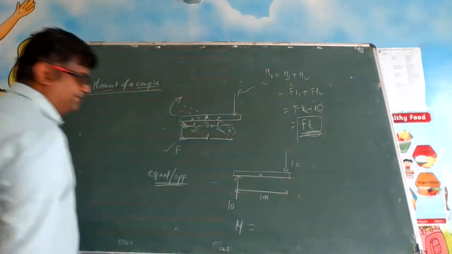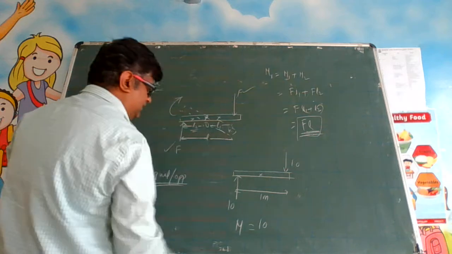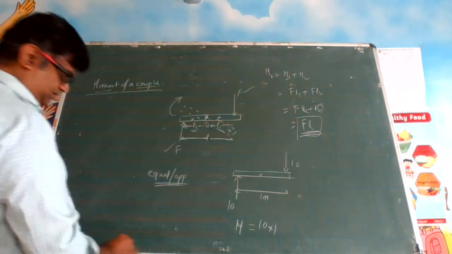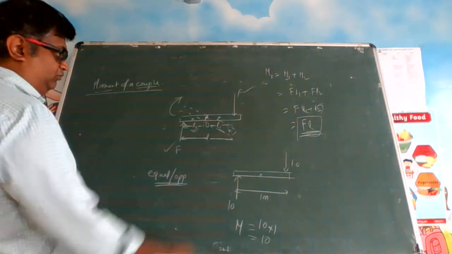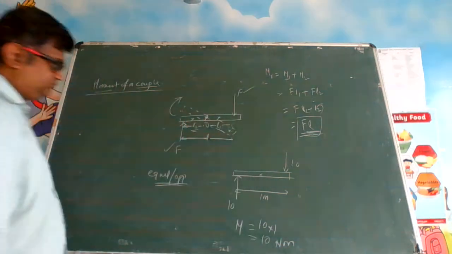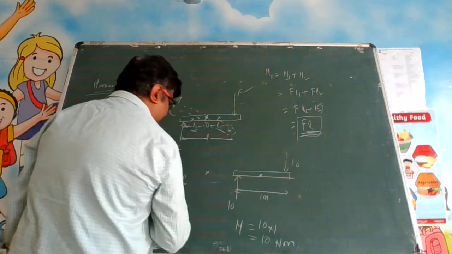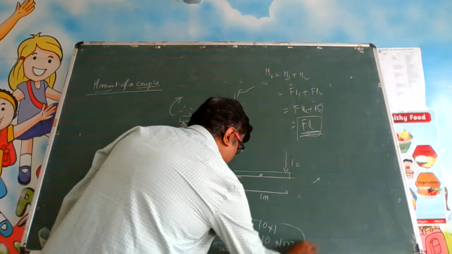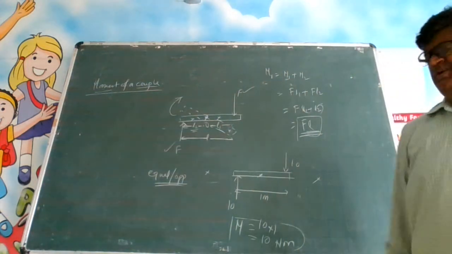I will write it as M. Take any of the forces, 10, and multiply by the distance between them, 1 meter. So it is 10 Newton meter, force multiplied by distance. Now if you take the point here, anywhere on the line, the moment value won't change.